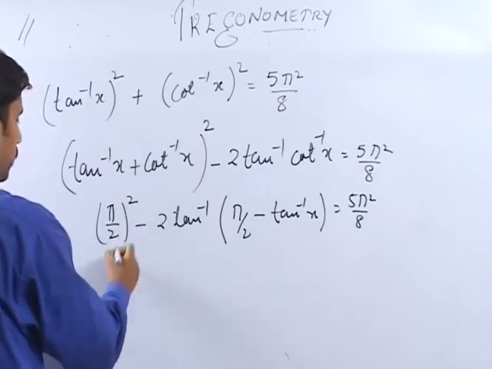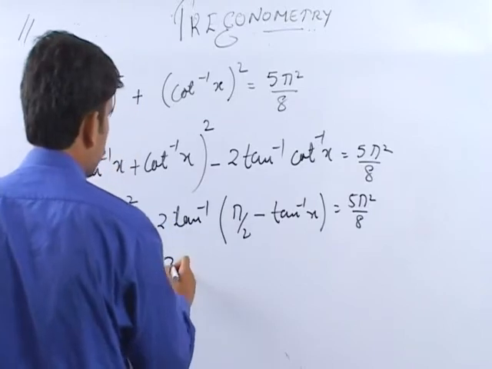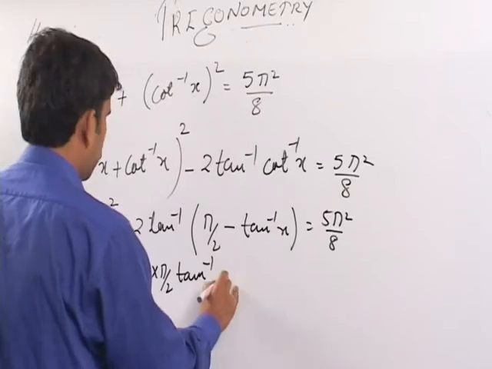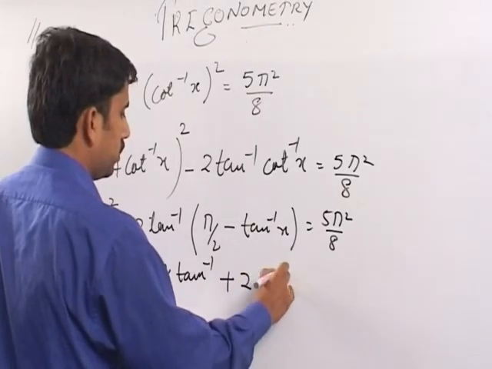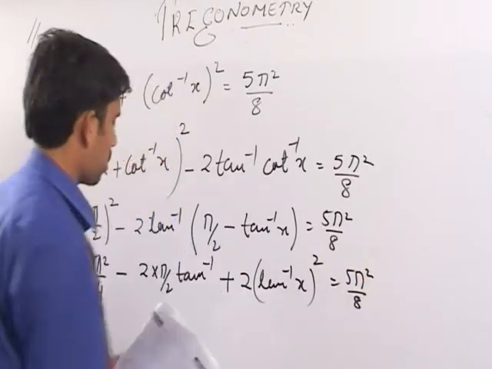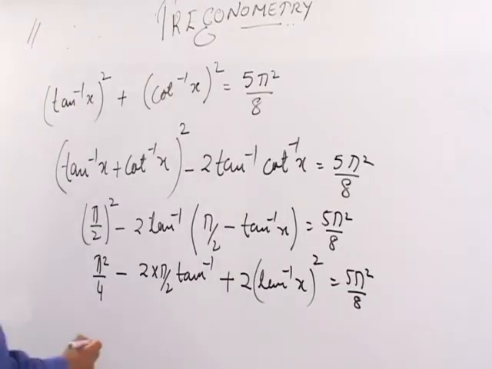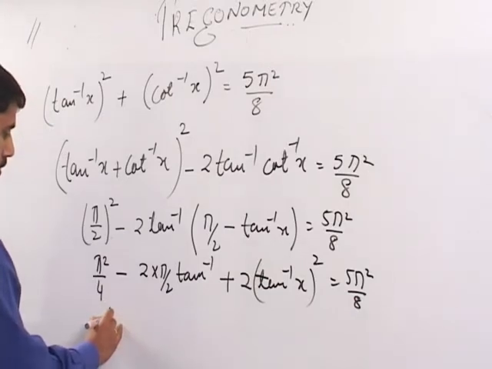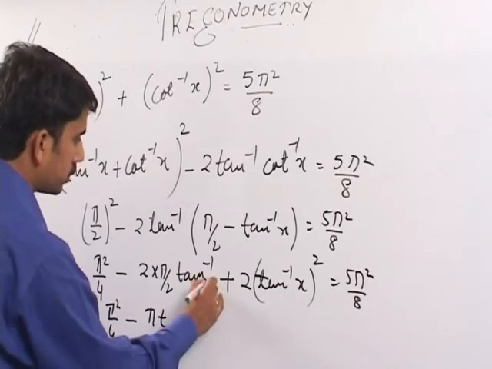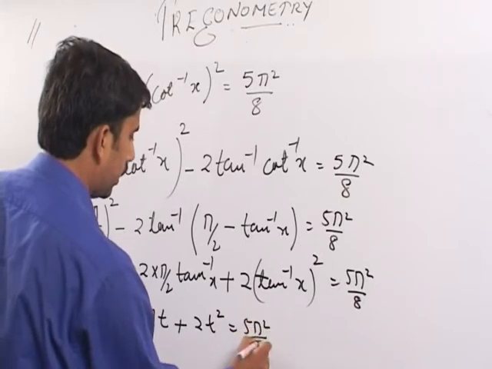Now this is a quadratic in tan inverse x, so when you put tan inverse x equal to t, you will get pi square by 4 minus pi t plus 2t square is equal to 5 pi square by 8.